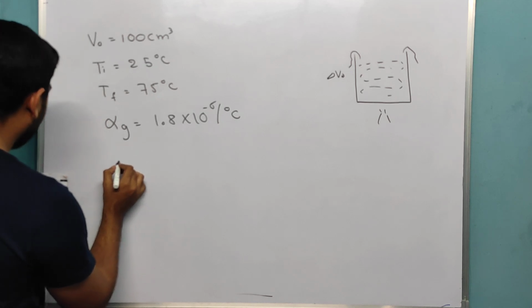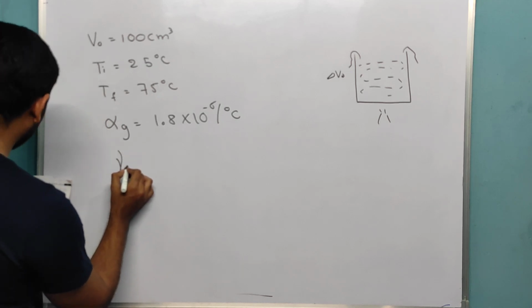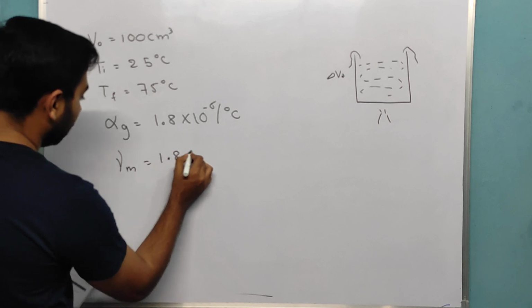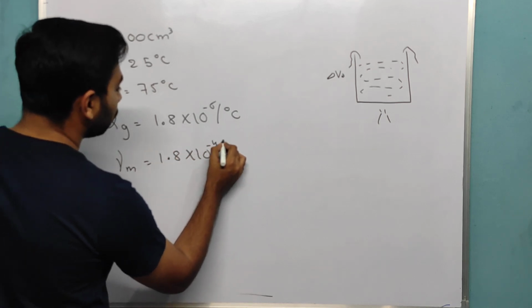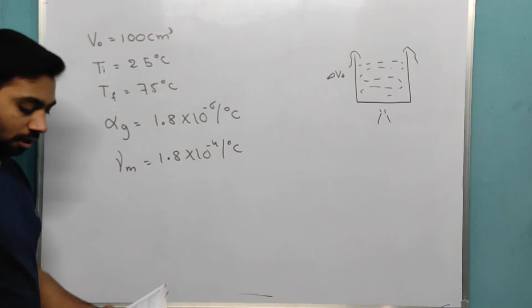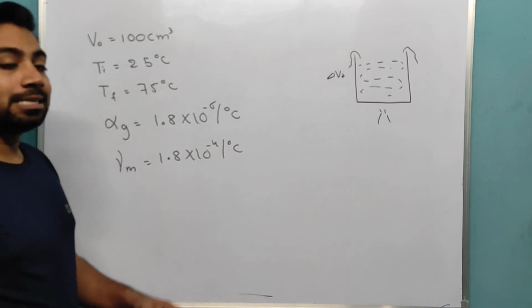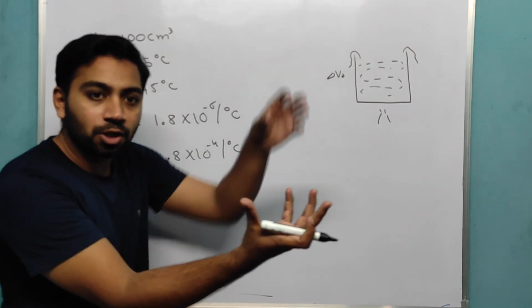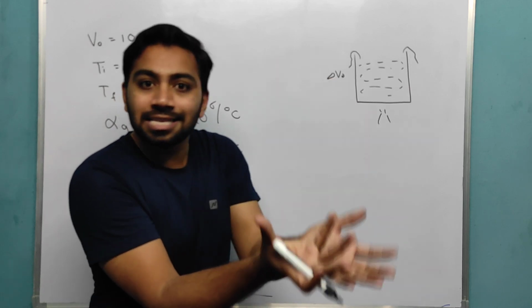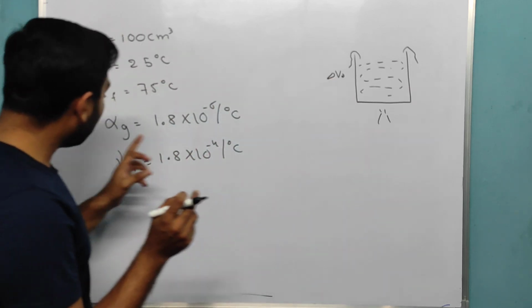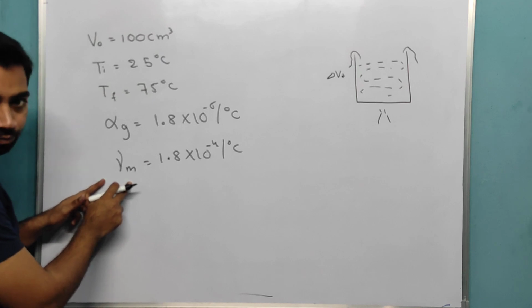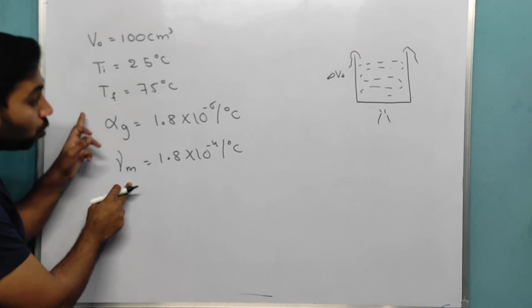And one more thing, the volumetric expansion of mercury is given as 1.8 into 10 to the power of minus 4 per degree Celsius. Now see here carefully. The vessel is volume, and the mercury inside the beaker is also volume, correct? But here the glass is given in the form of linear expansion. So first I need to convert this into volume.